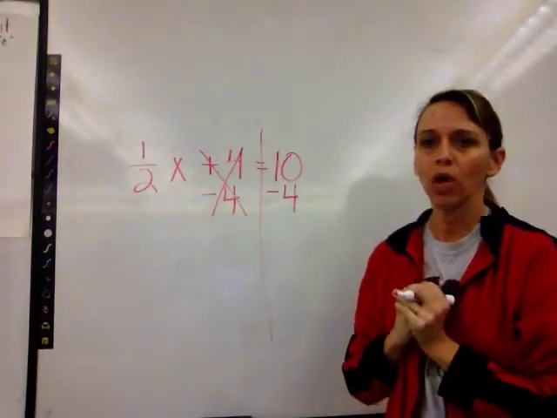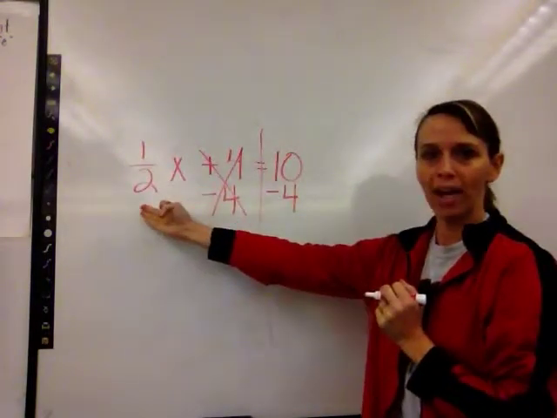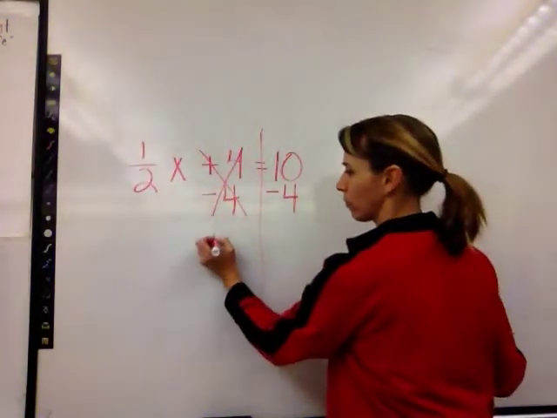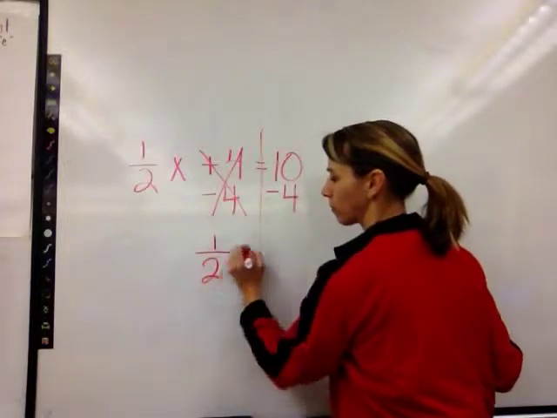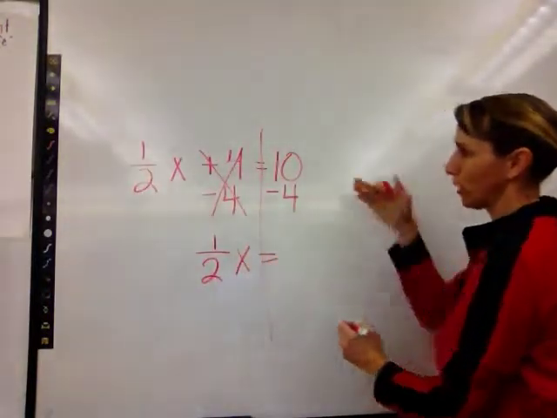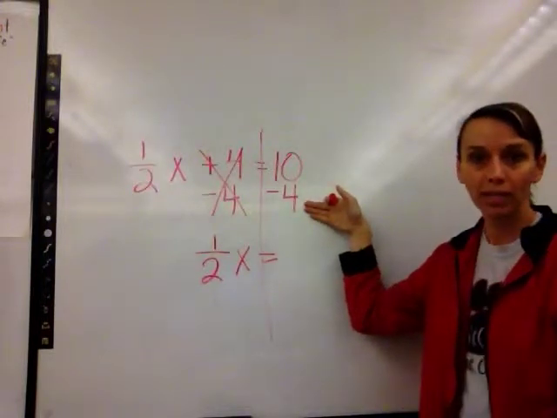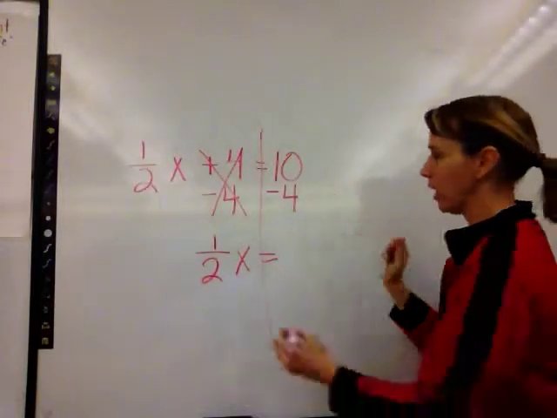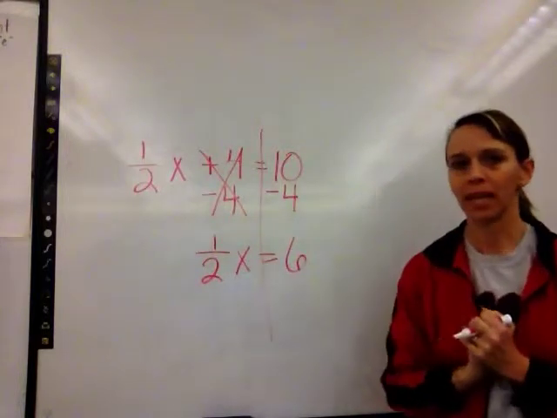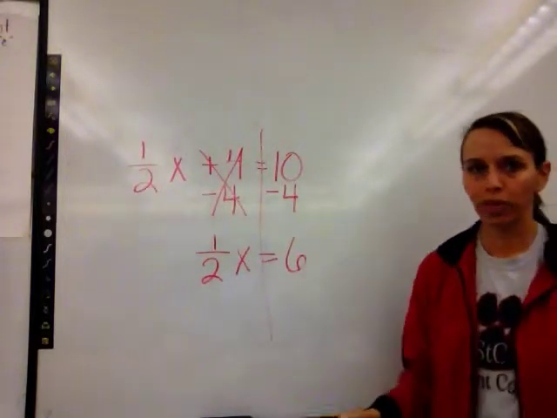Now we are left with 1/2 x. On this side, we're left with 10 and a negative 4, or another way to say that is 10 take away 4, and you get 6. This is the part where I don't think you're sure what to do.